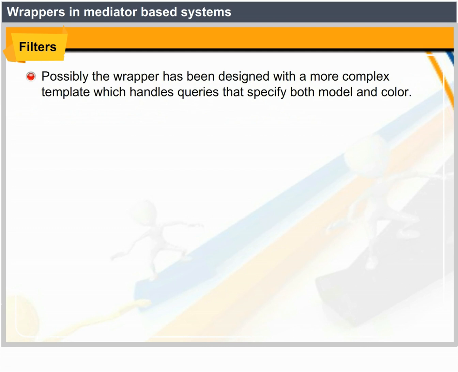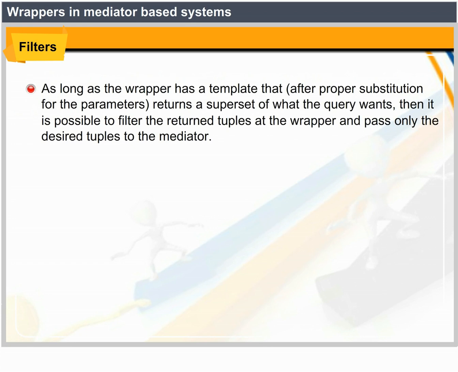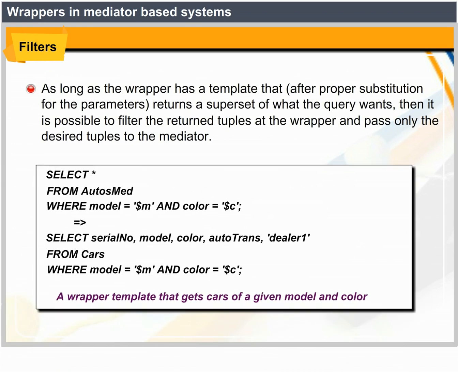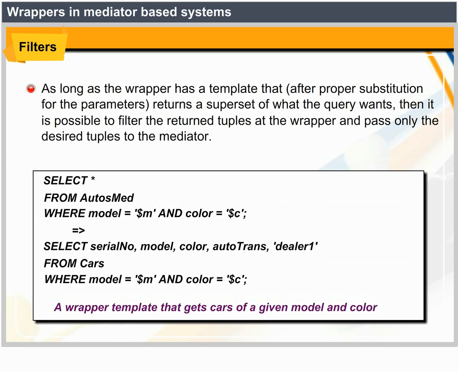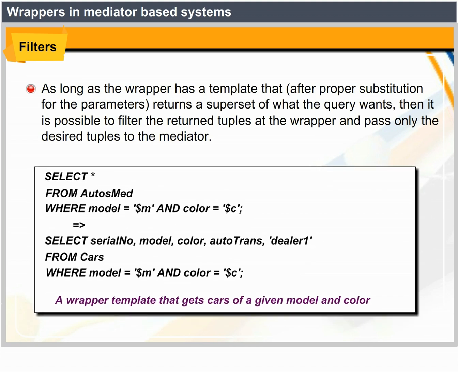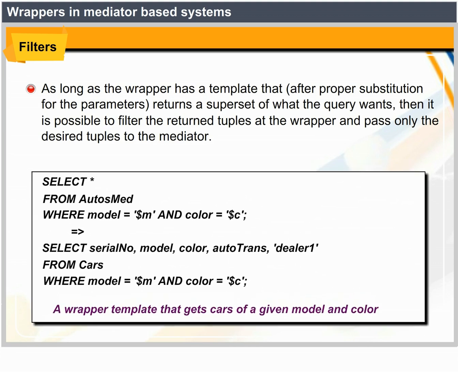Another approach to supporting more queries is to have the wrapper filter the results of queries that it poses to the source. As long as the wrapper has a template that, after proper substitution for the parameters, returns a superset of what the query wants, then it is possible to filter the returned tuples at the wrapper and pass only the desired tuples to the mediator, as with a wrapper template that gets the cars of a given model and color.